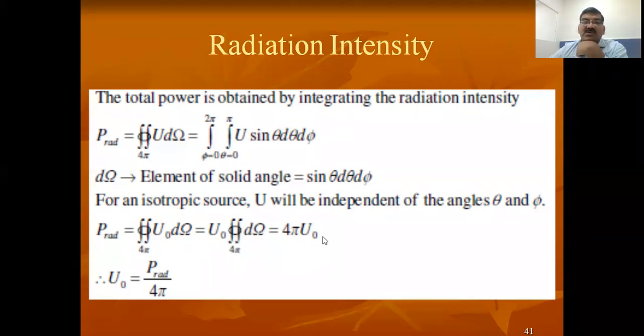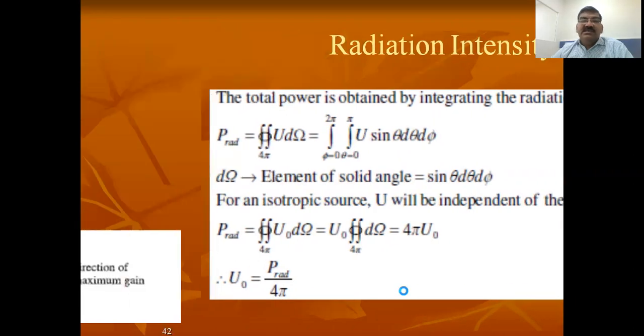So for an isotropic radiator, power radiated equals 4 pi into U0, where U0 is the radiation intensity. So U0 equals power radiated upon 4 pi. You will require these formulas in simple numericals to solve and understand. This way it is the radiation intensity.